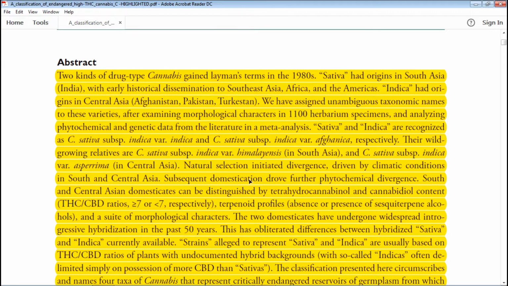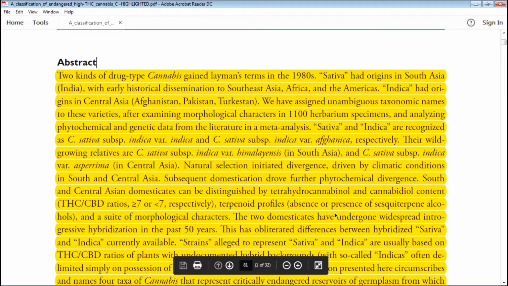Subsequent domestication drove further phytochemical divergence. South and Central Asian domesticates can be distinguished by tetrahydrocannabinol and cannabidiol content, THC/CBD ratios greater than 7 or less than 7, respectively, terpenoid profiles, absence or presence of sesquiterpene alcohols, and a suite of morphological characters.